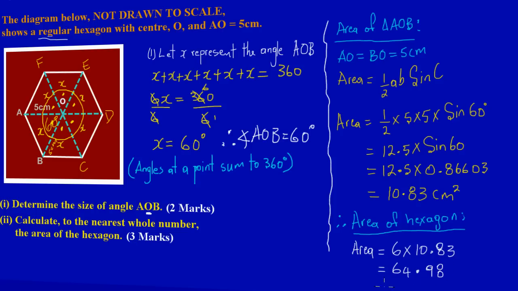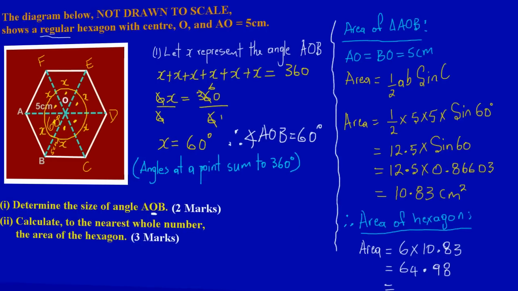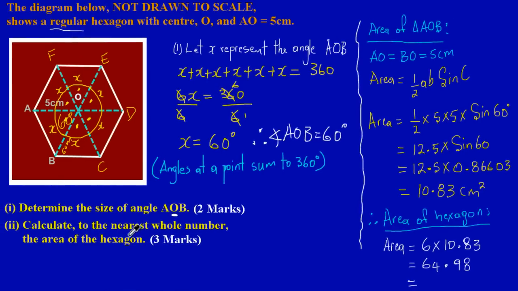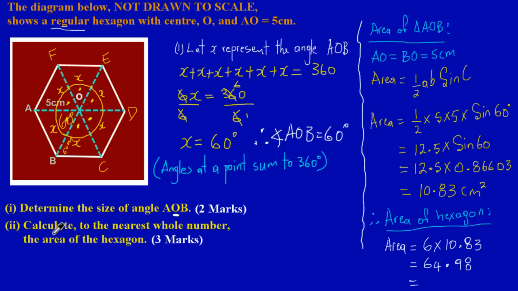But because they have stated in the instructions here at the bottom that they want our answer to the nearest whole number, the area of the hexagon should be to the nearest whole number. If you notice 64.98, the whole number portion basically stops before the decimal point.